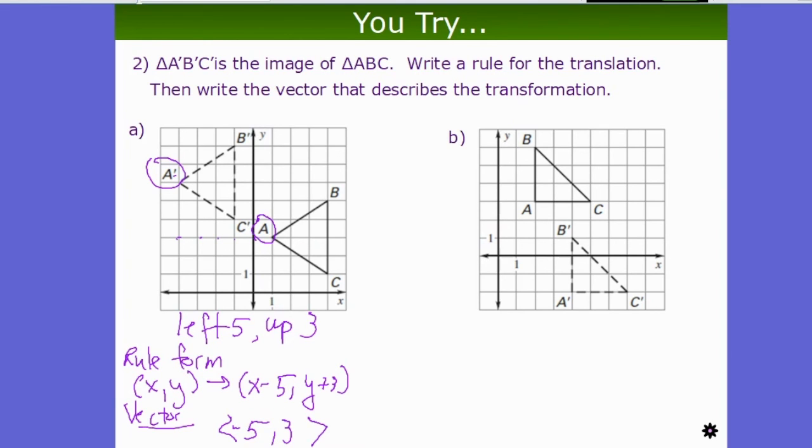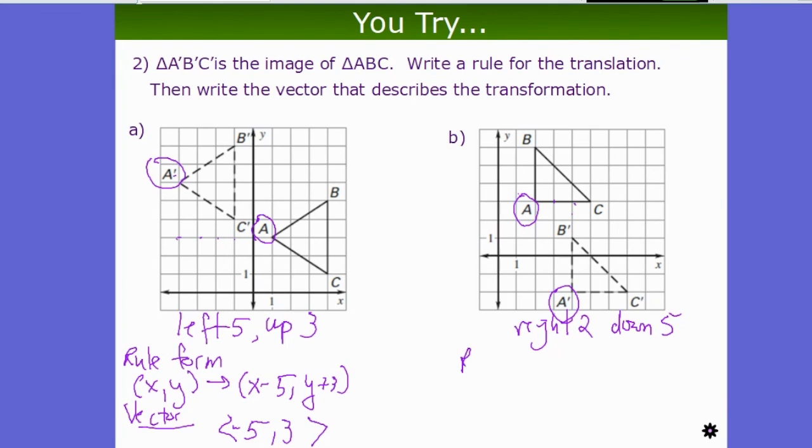Let's look at the second one. Again, don't go by who's solid, who's dashed. Just look at the points. Here's A, here's A prime. A is my preimage. Well, how did I get to A prime? Looks like I went right 2, and then I went down 5.